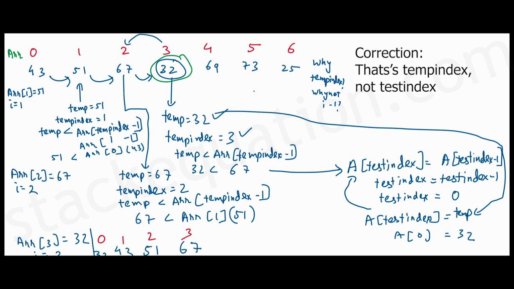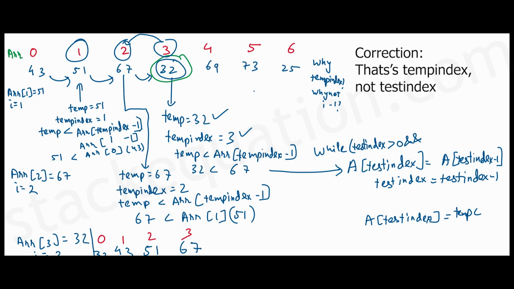And this entire batch of statements will be inside a loop: while test index is greater than 0, and we merge this condition here, so temporary should be lesser than array of temp index minus 1.